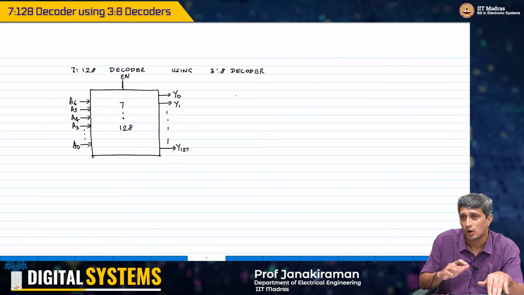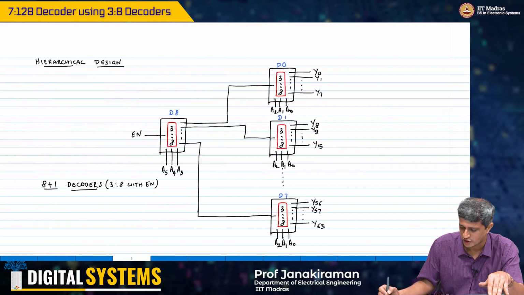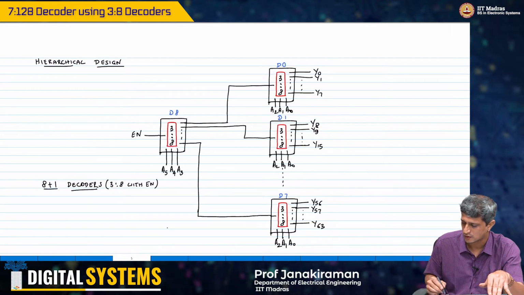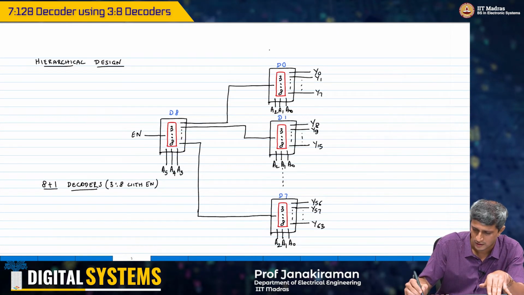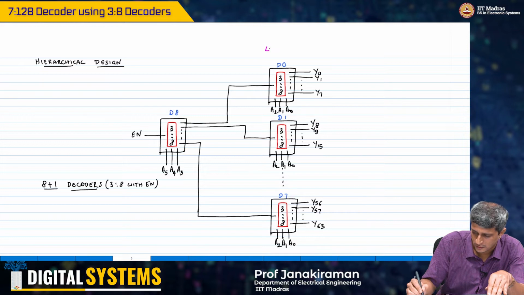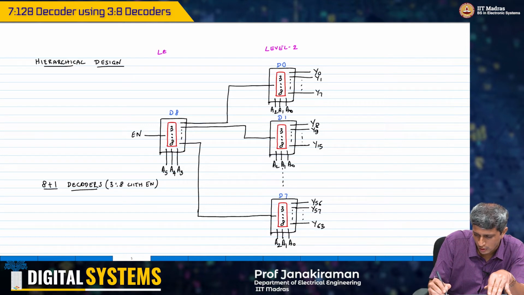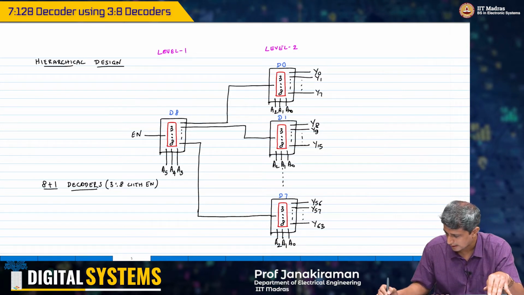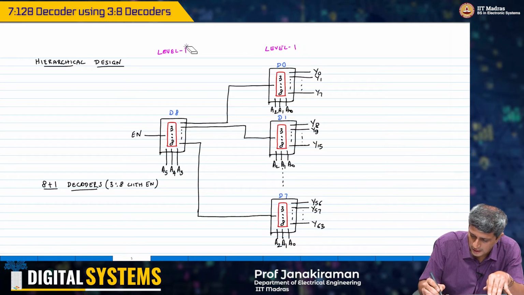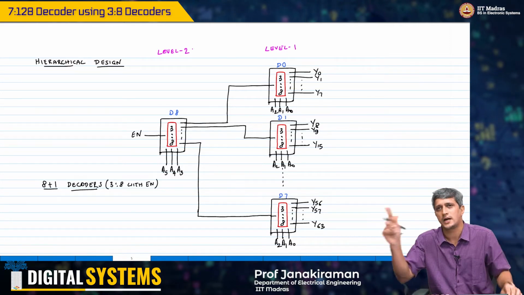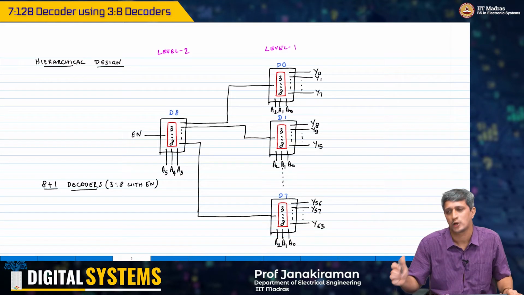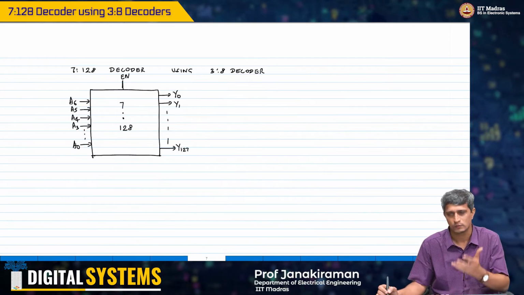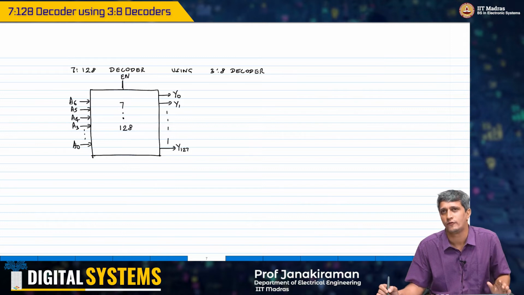Therefore, the number of decoders in the final logic stage... Let me call this level 1. I will go from the output: the level closest to the primary outputs is what I will call level 1, because I really do not know how many levels I need for this.